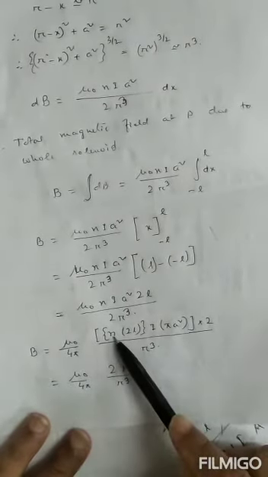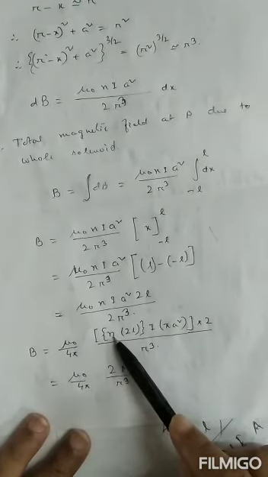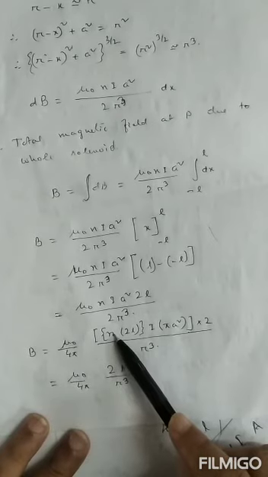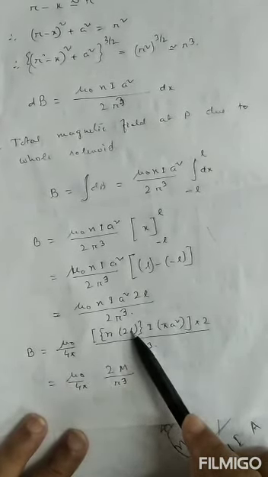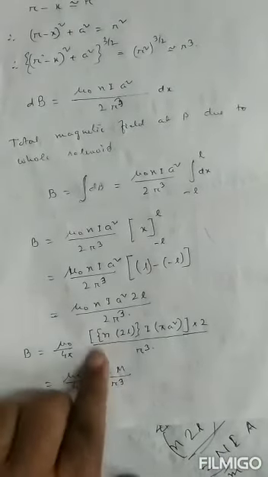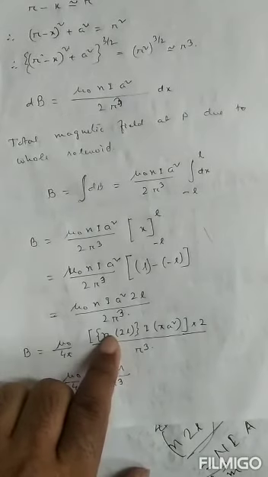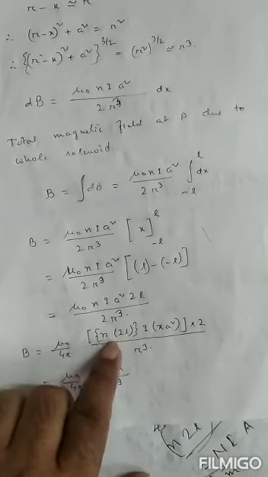Here small n represents the number of turns per unit length of the coil. So therefore small n into twice L gives us the total number of turns of the solenoid. If I write small n, it is always the number of turns per unit length. If I write capital N, it is the total number of turns of the coil.